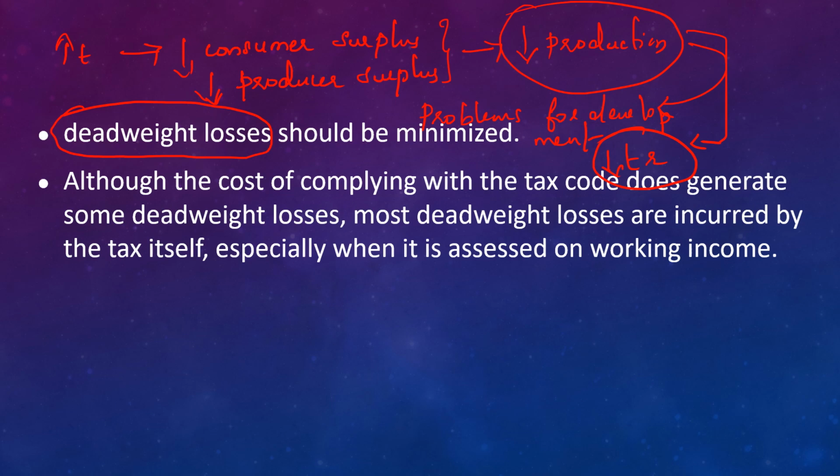So altogether, when it comes to deadweight loss, it shows a total loss to the economy. Okay. So we could see that a deadweight loss is something that is very much attached to tax whenever it comes to a commodity tax. Although the cost of complying with the tax code does generate some deadweight losses, most deadweight losses are incurred by the tax itself.